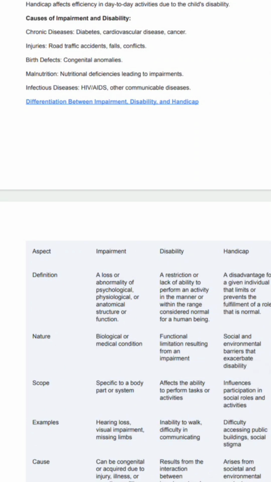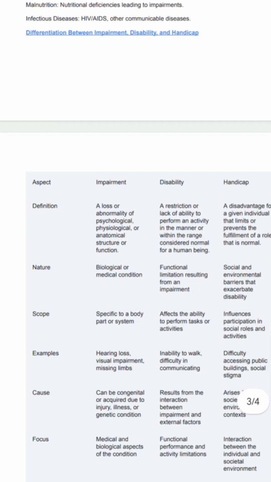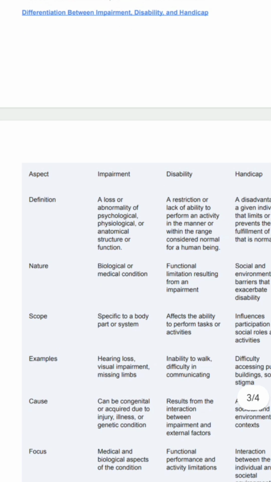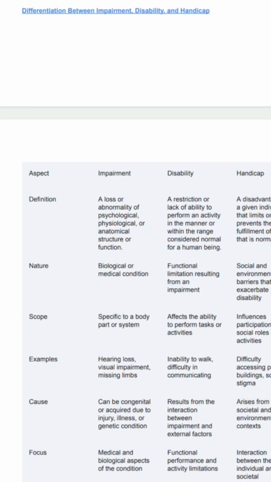Now we will go through the difference between impairment, disability and handicap. When it comes to the definition, impairment is a loss or abnormality of psychological, physiological or anatomical structure or function.